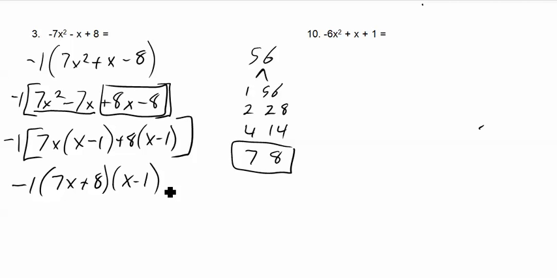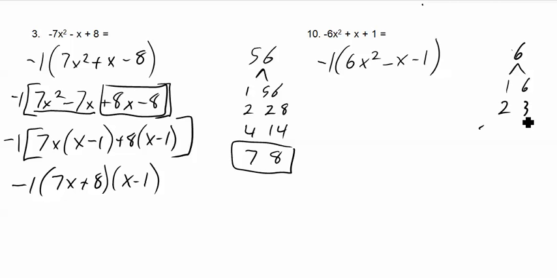Right, same thing on this one over here. So you want to get rid of that negative 1. So negative 1, just going to change all of the signs. So we're going to multiply these together. We have 6, and we're looking for factors of 6 that when we subtract them equal negative 1: 1 and 6, 2 and 3.